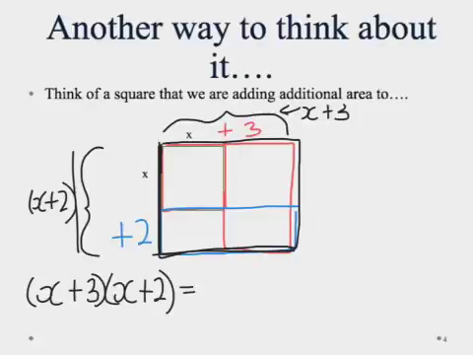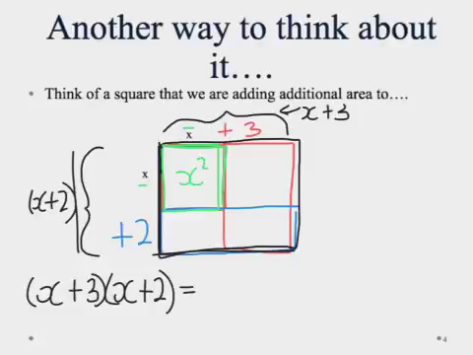What does that give us? Let's have a look at our areas. This is our first square. It's x times x, which is x squared.